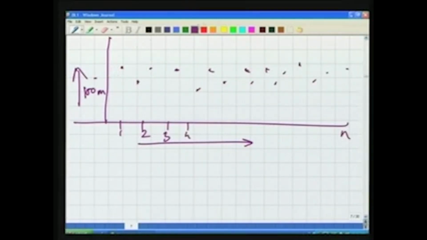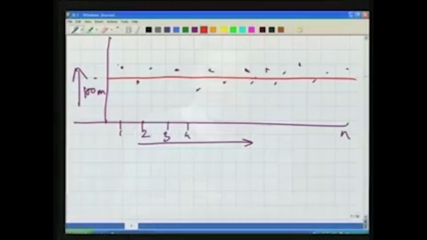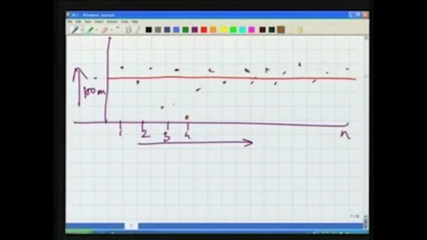Because they will be around the true value of 100, they will be here and there of that value. So this spread of the points is actually the precision we have seen. Now let us say one of your observations is lying here, then you suspect it cannot belong to this set of observations. So obviously this is going to be the outlier.